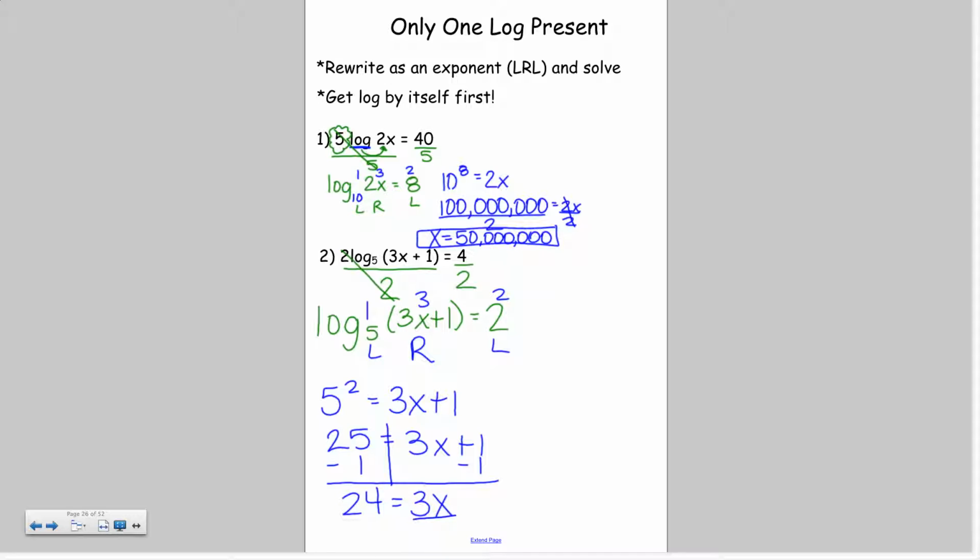Then I'm going to take and divide by 3. This should be common to you because we've just done it. So the 3's cancel. We're left with x. And then 24 divided by 3 is going to be 8.